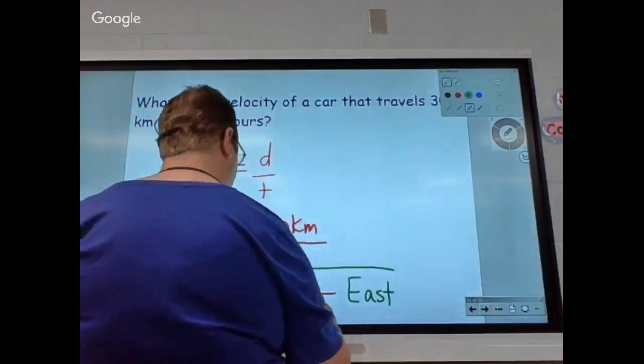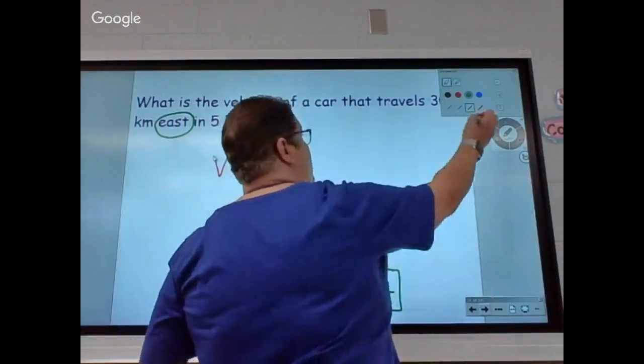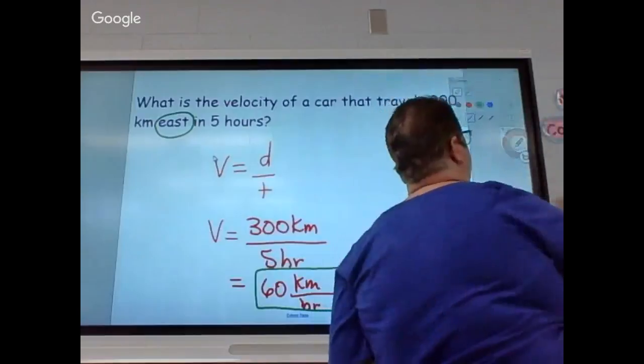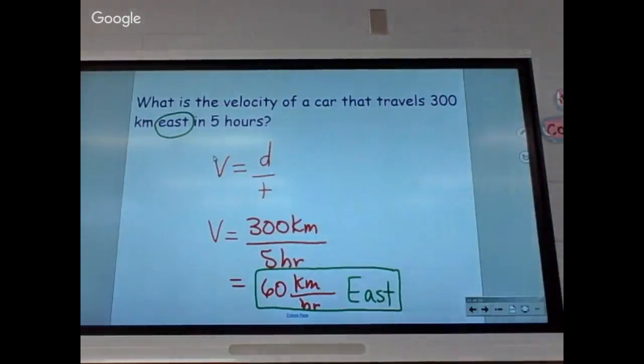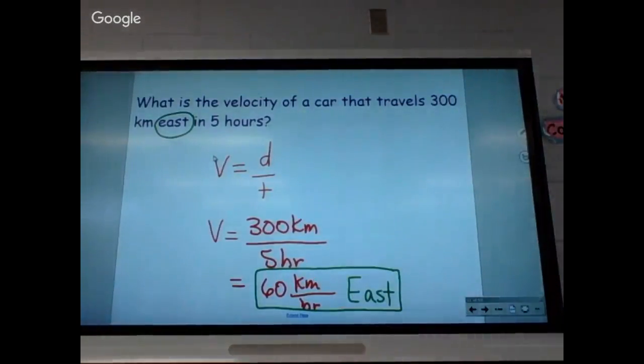So when you answer a velocity question, if it asks you a velocity, you have to say the direction. Now, if it asks you to find distance or time, do you have to give it a direction? No, distance and time don't have direction. But if it says what is the velocity, you have to give the direction. Does that make sense? Yeah.